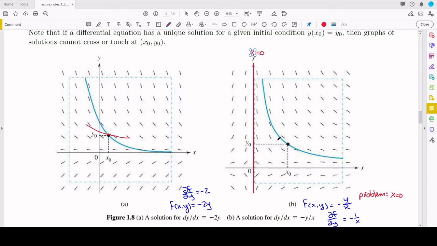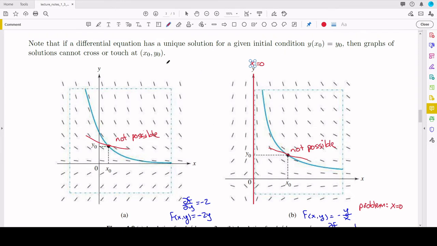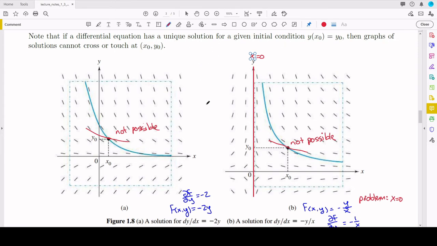And again, drawing something like this is not possible. And this again is not possible, that is, if you have a unique solution.